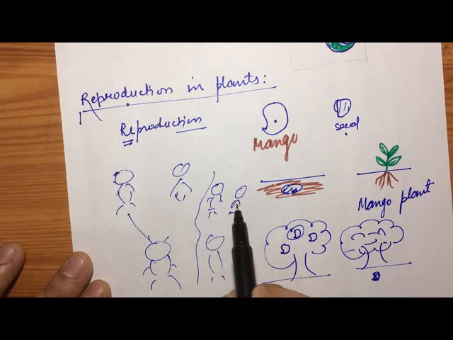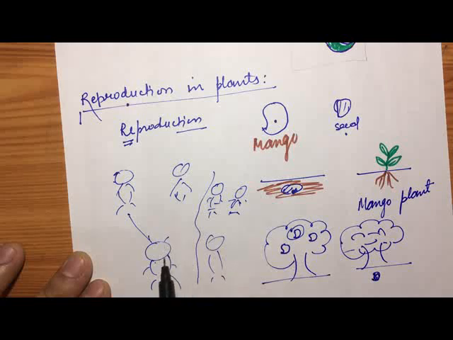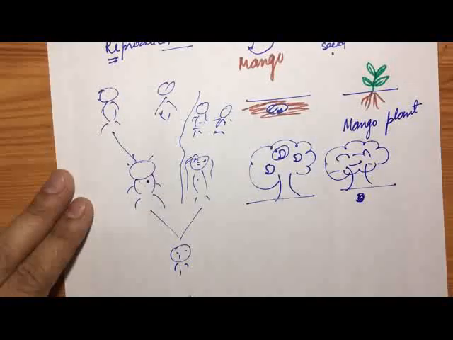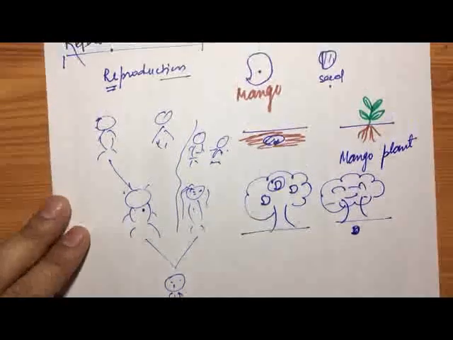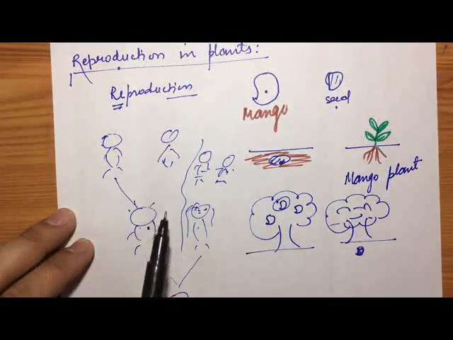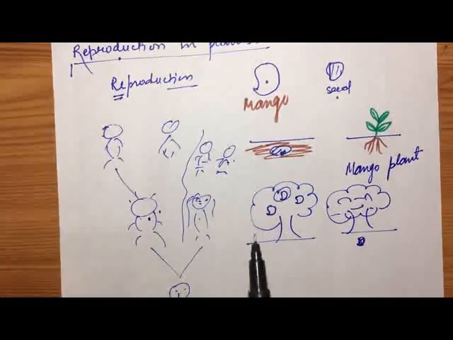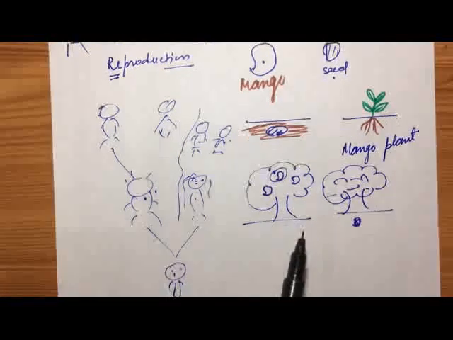Okay, these are the maternal grandparents and paternal grandparents. They gave birth to our father and mother and they gave birth to us. This is also called reproduction. How one human gives birth to another, this is also called reproduction.